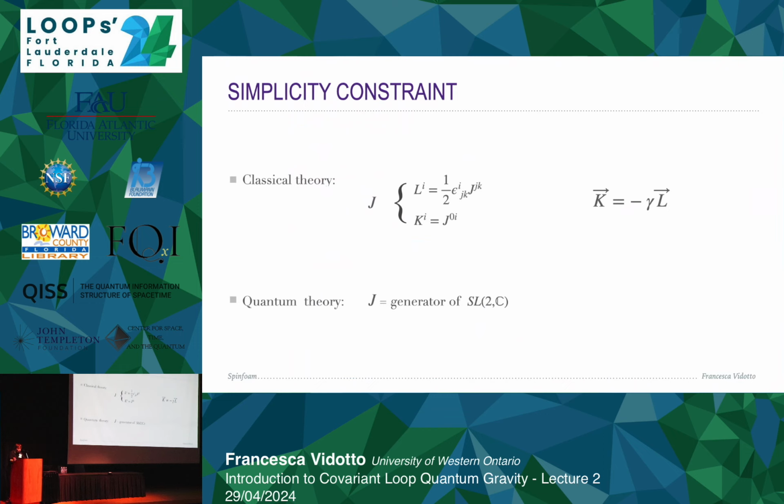So now we can see that the L are associated with the rotations and the K are associated with the boosts. And the form of J constrains the boosts and the rotations to be proportional to one another through this proportionality parameter that is gamma.